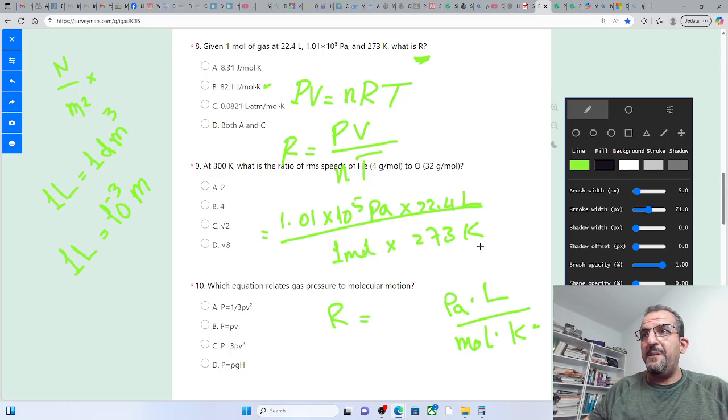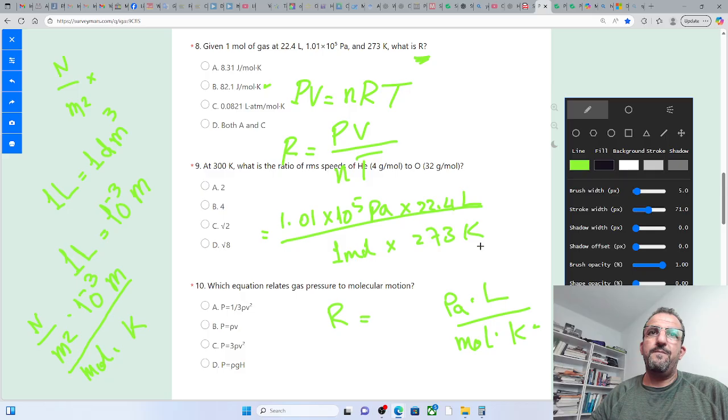So from these units, I have Pascal, which is Newton over meter squared, and then I have liter, which is 10 to the power minus 3 meter cubed, and then we divide the whole thing by mole Kelvin. We cancel meter squared with meter squared, so we have just 1 meter.